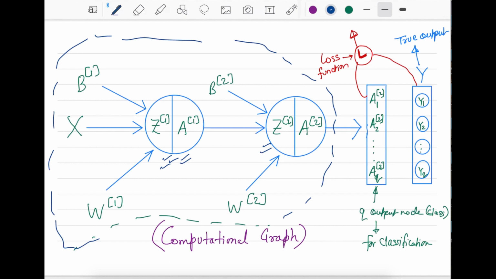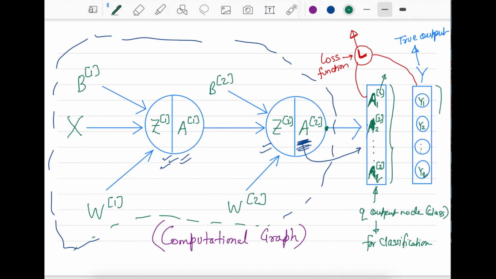Now the important part is that you are representing this A2, as we have discussed earlier, as A1 to AQ, and please note these are bold A's. You can go back to the matrices and see there. These are the results of the output that you get from this node, and we are taking it as 2 because we are taking the output at the second layer.